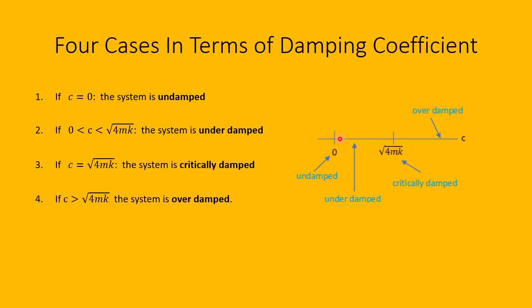If the value of c is greater than 0 but less than the square root of 4mk, the system is underdamped. If c equals the square root of 4mk, the system is critically damped. And if c is greater than the square root of 4mk, the system is overdamped.